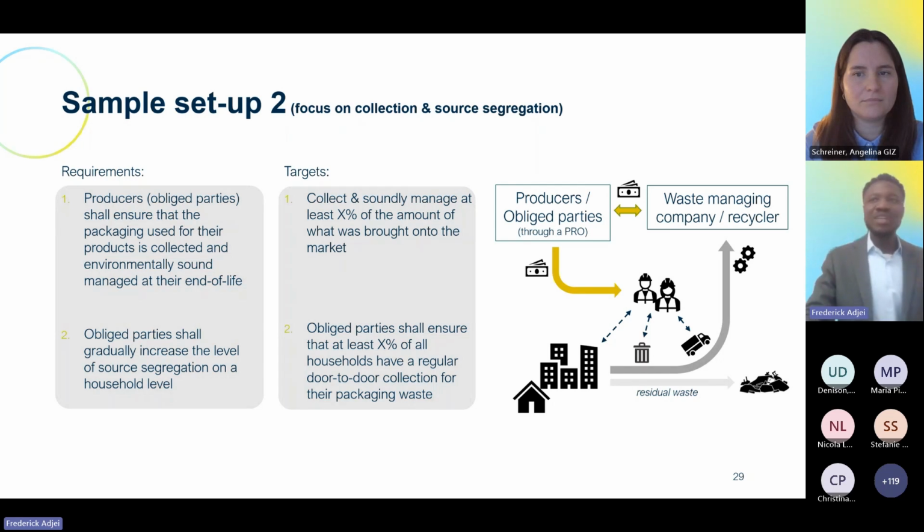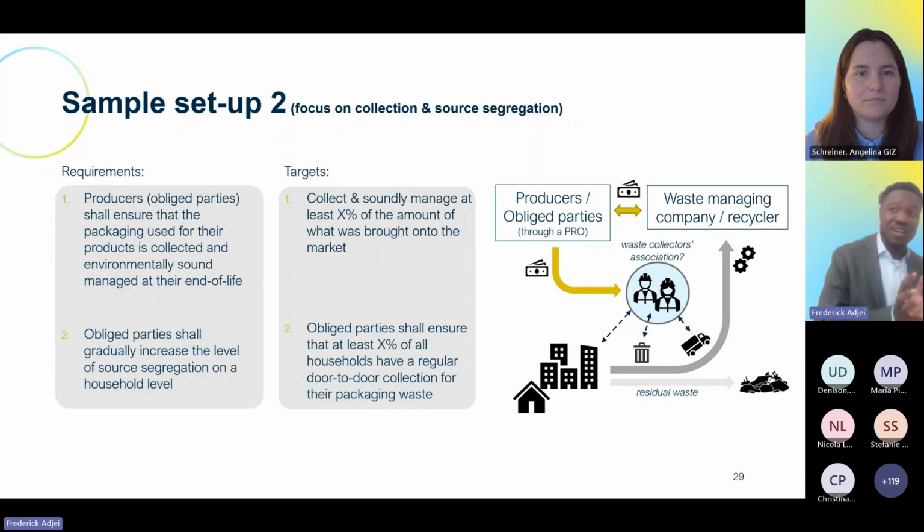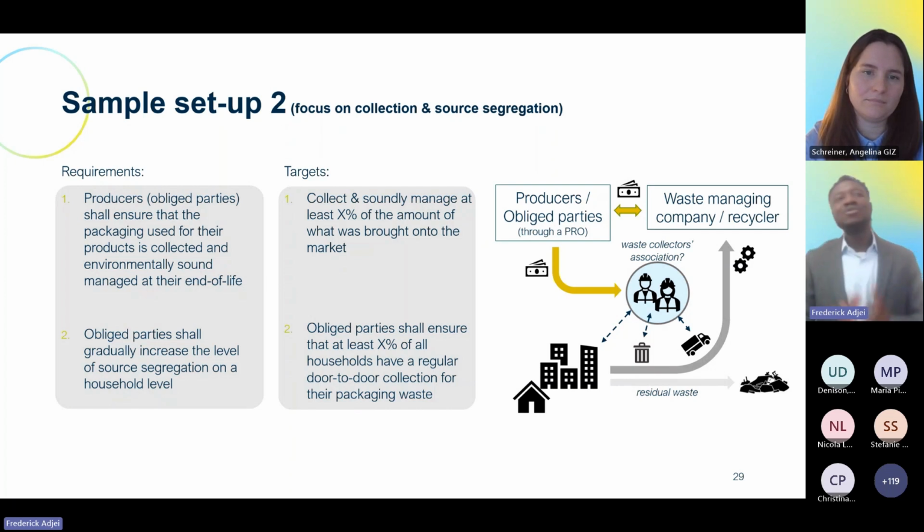Suddenly, producers need to enter into some form of contract. Now, who can enter into a contract? Perhaps an association. Perhaps some kind of coming together of waste collectors. You can see that with this process, there is a better chance of some kind of formalization of the system. Now, people come together, they are working as an association, suddenly they go, maybe I need a helmet. Maybe now I need gloves.